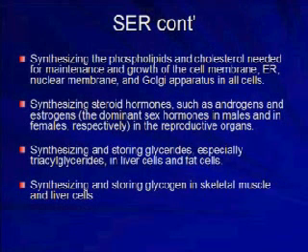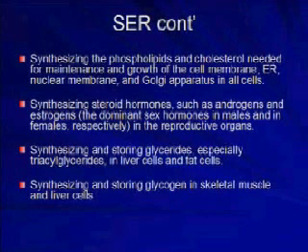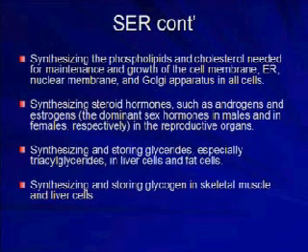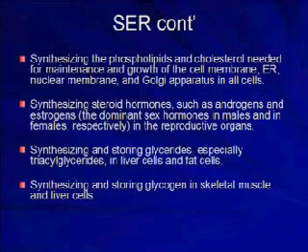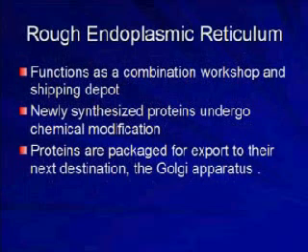Glycogen, especially in skeletal muscle and liver cells, we alluded to the molecular structure of glycogen early in the lecture series. Understand that glycogen is an important source of energy in the system. Glycogen is broken down in the system into glucose, a 6-carbon sugar that's very important for cellular metabolism. So you can see the importance of the relationship with the smooth endoplasmic reticulum.